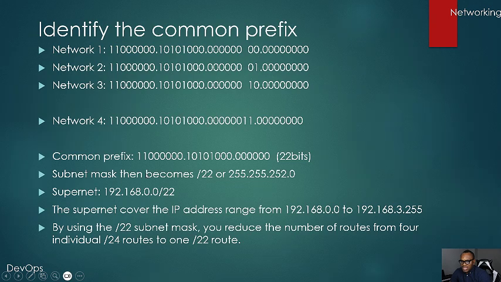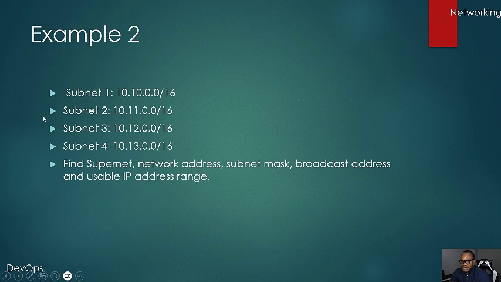Let's check another example, and I want you to pause the video at this point and try this out. See if you can summarize this subnet into one larger network, and try it. Find your Supernet mask.